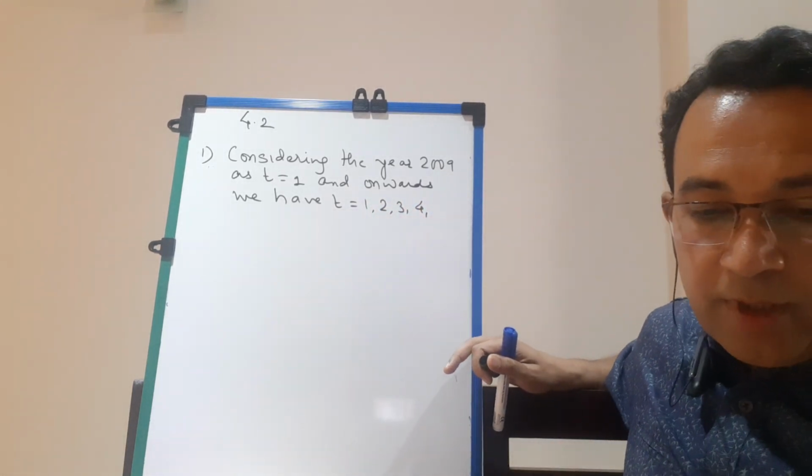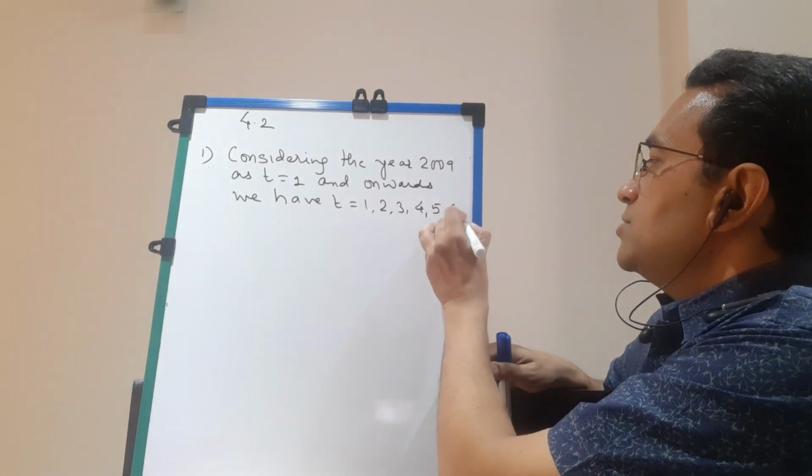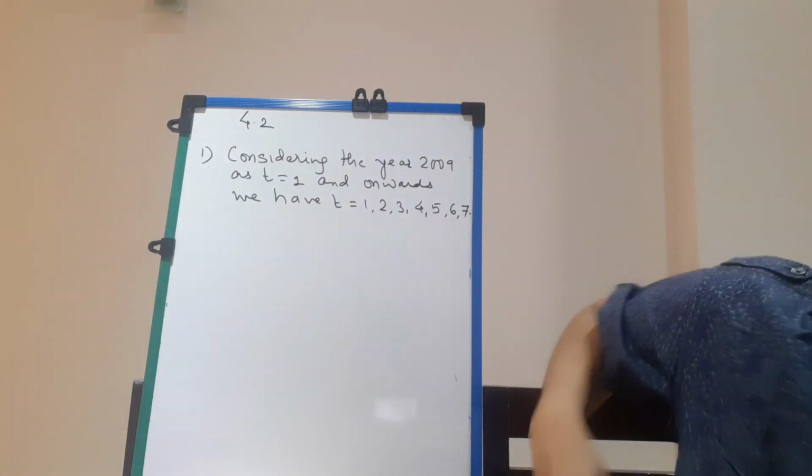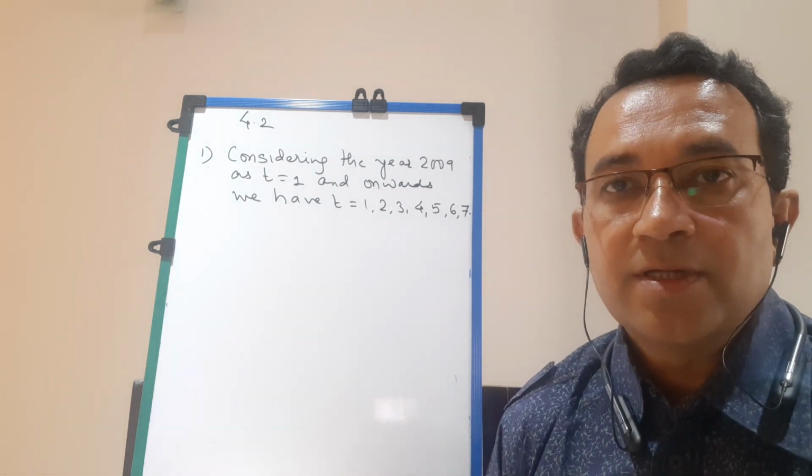Let us count how many values: 4 and 3, 7. So 5, 6 and 7. This is to be written, students, in the first step.